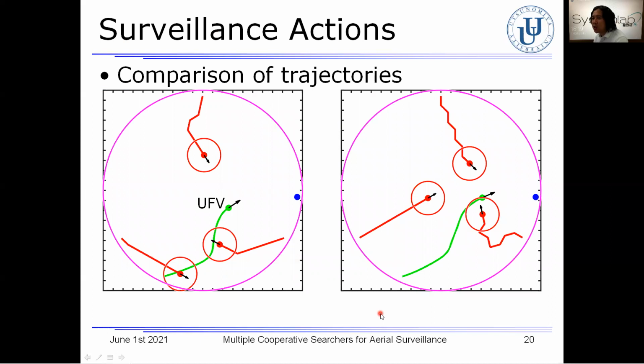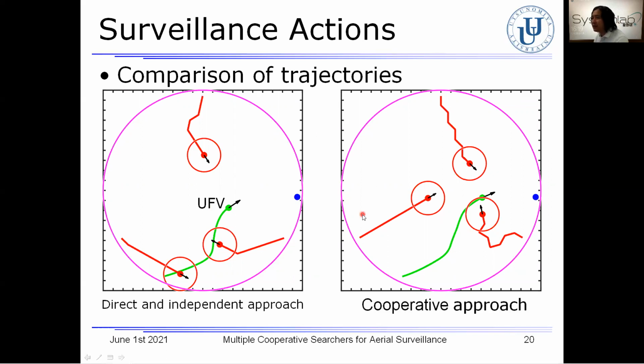These figures show the approaching trajectories of the searchers for the same target UFB. On the left, the searchers directly approached the UFB independently from each other. As a result of the actions, the searchers failed in detecting the UFB. On the right, on the other hand, the searchers cooperatively approached so as to surround the UFB.